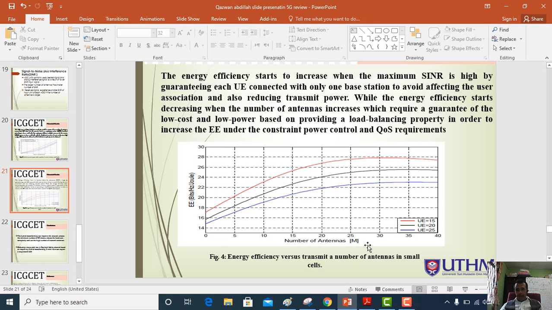This is the relationship between the number of antennas and the energy efficiency. Increasing the number of antennas decreases the energy efficiency.